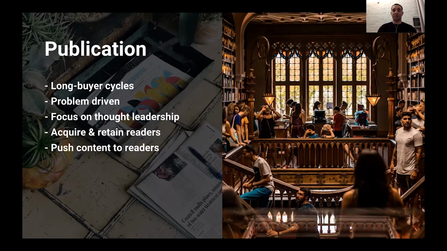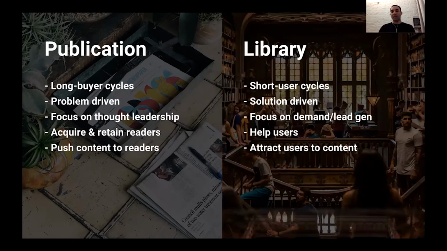And with the publication approach, you're typically pushing content to readers. So when you have something new, you will share it with your audience, with your newsletter subscribers, with your podcast subscribers, and so forth. But on the other hand, we have content as a library. And this works very well with short user cycles and is typically solution driven. So people are aware of a problem and they have identified a solution, and now they're looking for the best solution out there, in the same way that people might go to the library knowing what they want to check out in advance.